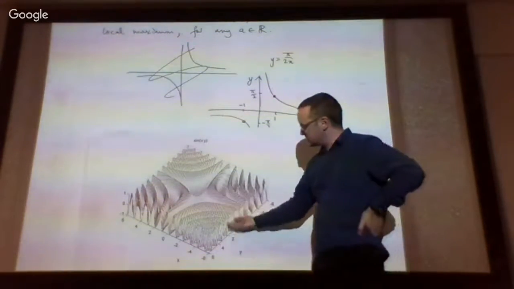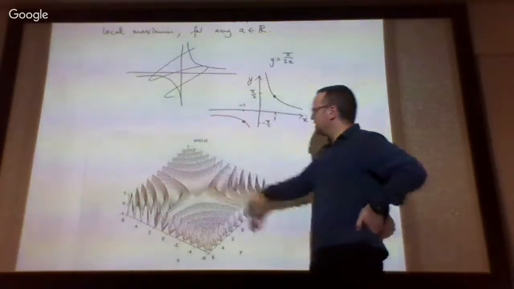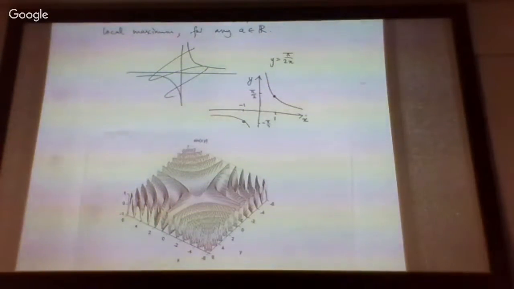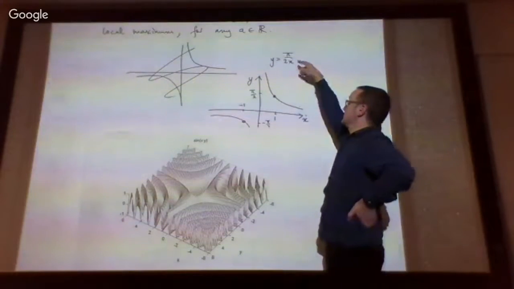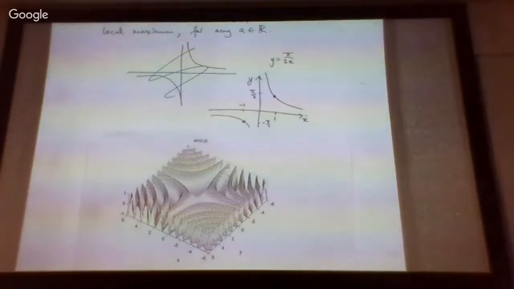Can't see them so clearly because they're hidden down below, and they'd be at the even multiples of π/2, with similar looking curves, y equals something times 1 over x. So that example shows us how we can use the Taylor series to explain some of the stationary point behavior for points on this surface.